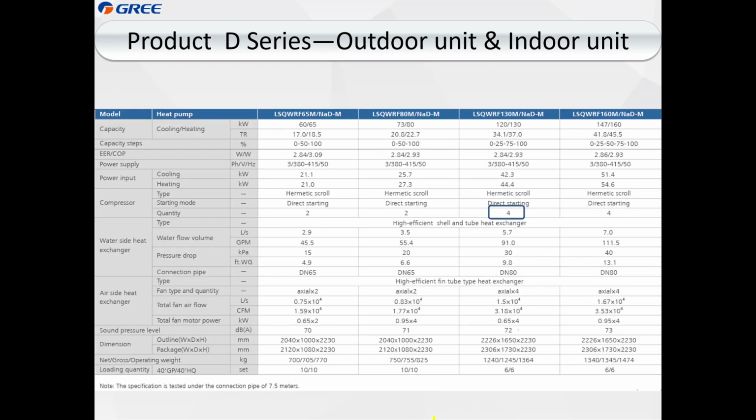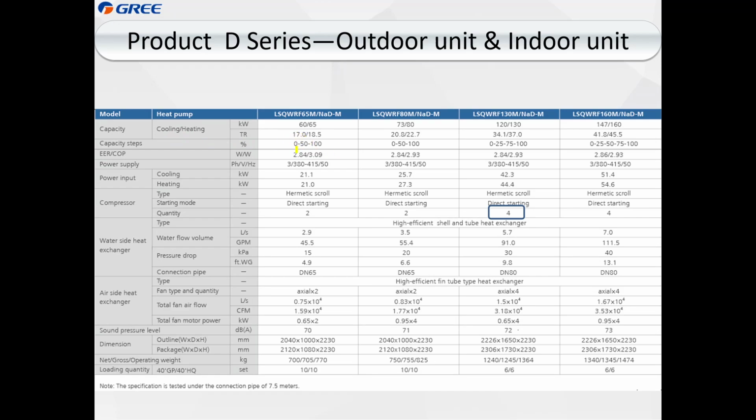And then in this table we list the parameters for the D series: the capacity, the capacity steps, and the quantity of compressors. In this table we only talk about the capacity steps.